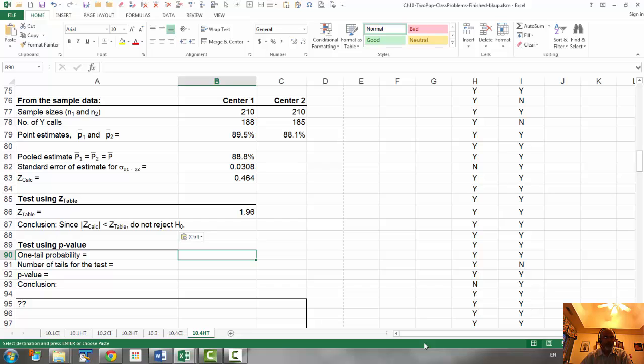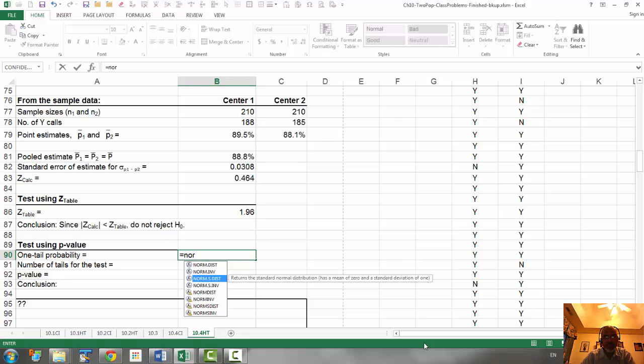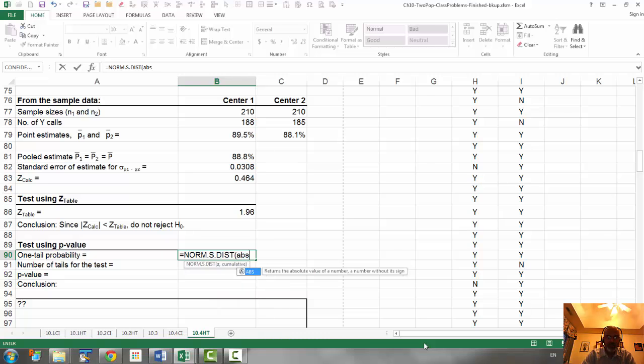And if we take the p-value approach, the one-tailed probability is, so again, we do NORM.S.DIST, and since it could be positive or negative, you really need to do the absolute value of z and cumulative.